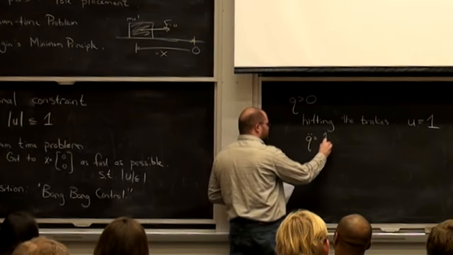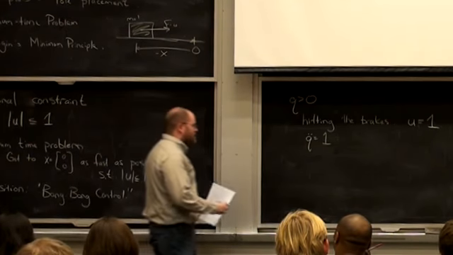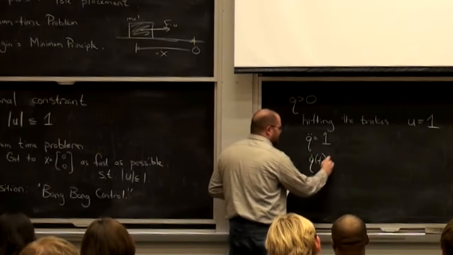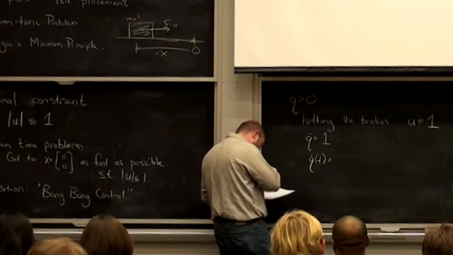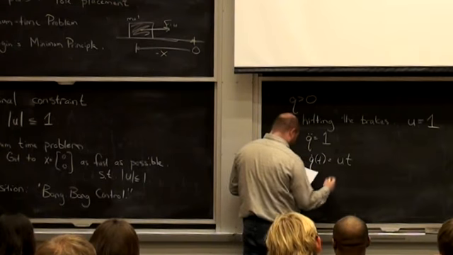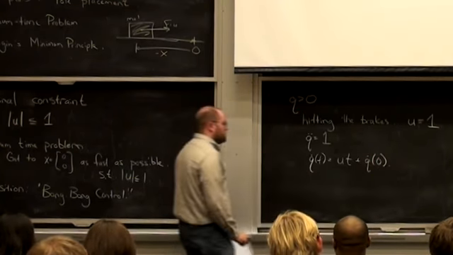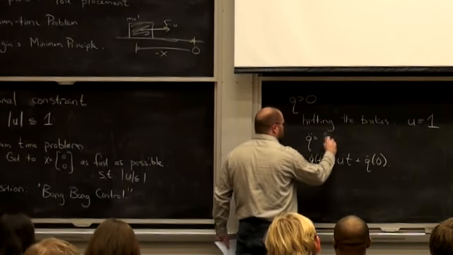See if we can integrate this equation. I can do that on the board for you. q dot of t is u of t, which in this case is 1, plus q dot of 0. I'll make it a little more general here.